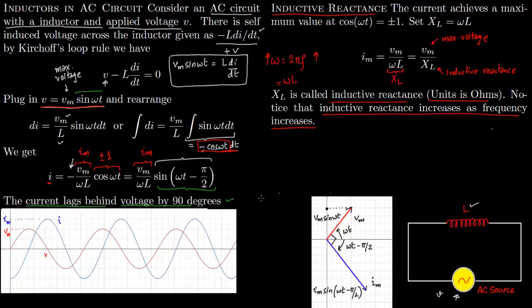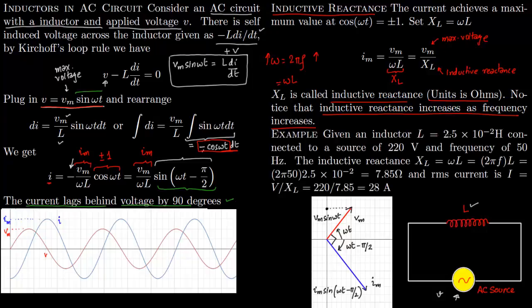Now let us see an example. Say you're given an inductor. The inductor has L equal to 2.5 times 10 to the power of minus 2 Henry, and it is connected to a source of 220 volts and a frequency of 50 Hertz. So the inductive reactance X L is omega times L. Instead of omega, you put 2 pi f, which is the formula for omega, where f is the frequency.